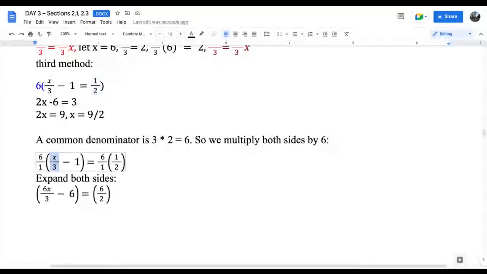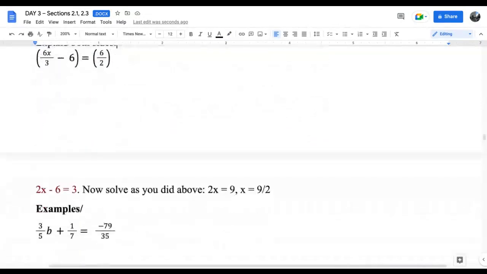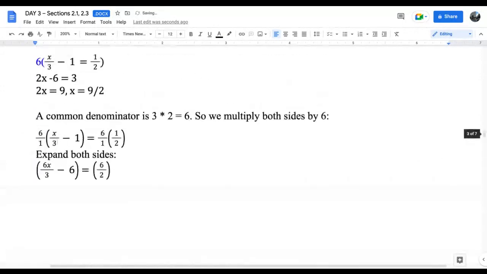So let's see this example. It's the same thing. So let me actually delete this. I don't need this. This is repeated.